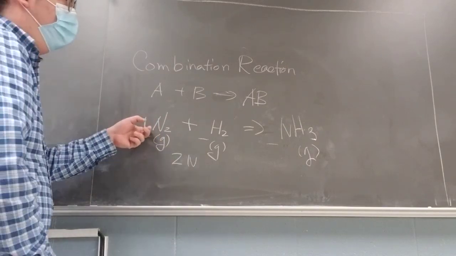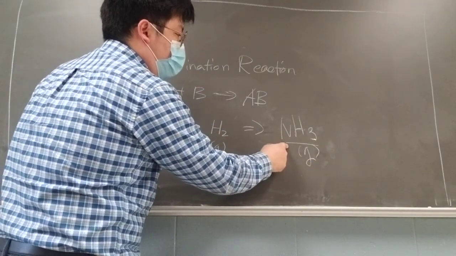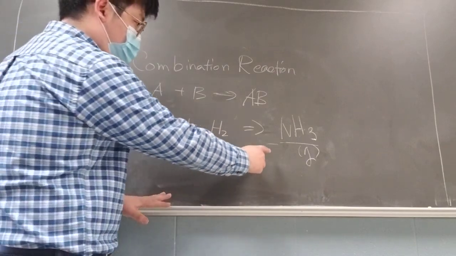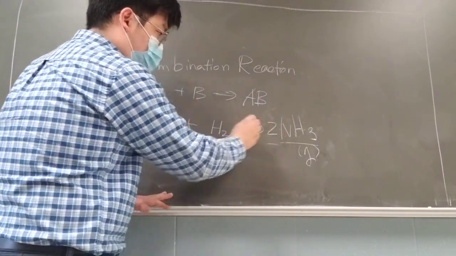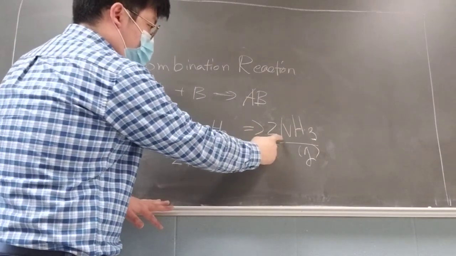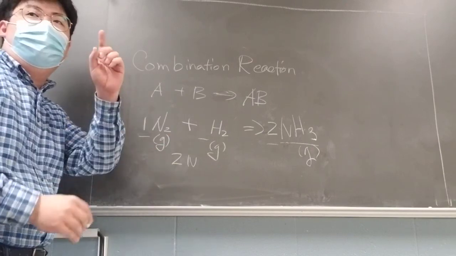Each ammonia has only 1 nitrogen in here. So even though you put 1 here, it has to be at minimum 2. So that makes 2 nitrogen here as well, because each ammonia will have only 1 nitrogen.